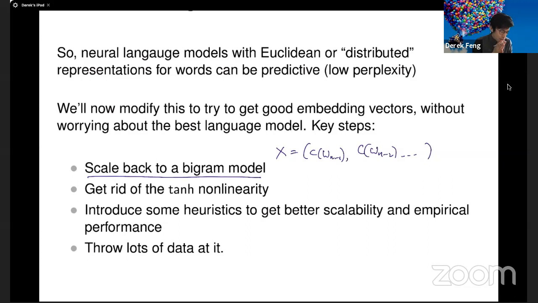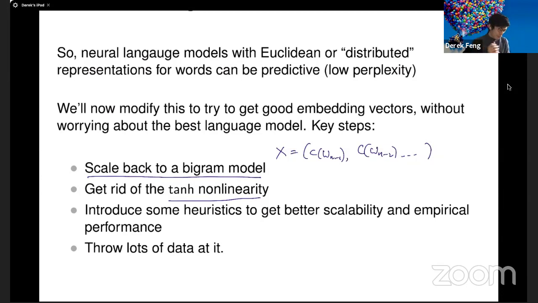Not only that, we're just going to get rid of the hyperbolic tangent nonlinearity. And then you might be thinking to yourself, well, if I get rid of this hyperbolic tangent, isn't this model really straightforward? And we'll see, it actually is fairly straightforward, right?